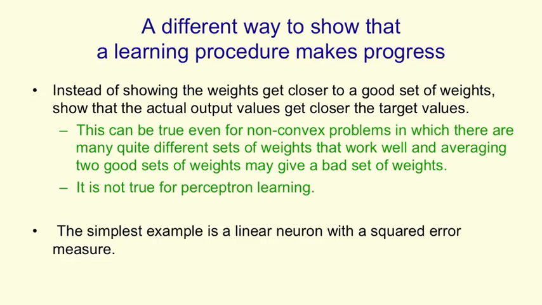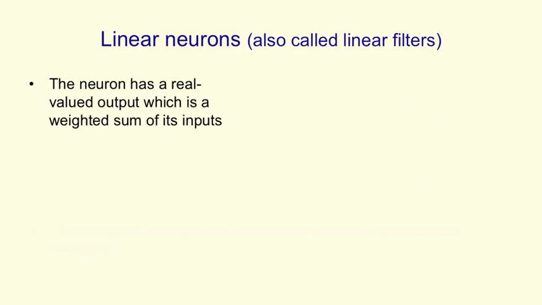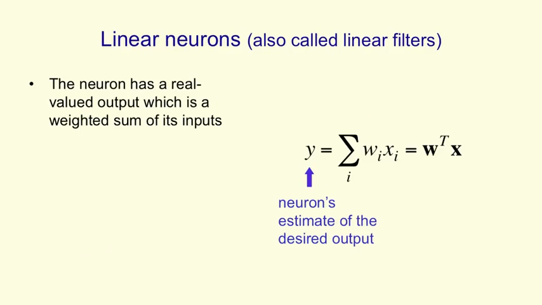The simplest example of learning in which you're making the outputs get closer to the target outputs is learning in a linear neuron with a squared error measure. Linear neurons, which are also called linear filters in electrical engineering, have a real valued output that's simply the weighted sum of their inputs. So the output y, which is the neuron's estimate of the target value, is a sum over all their inputs i of a weight vector times an input vector.